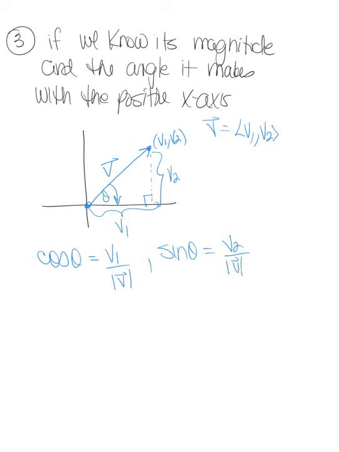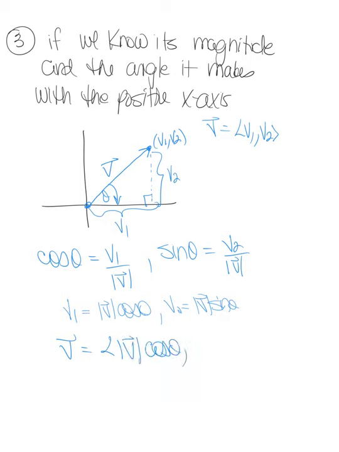Then solving these for v1 and v2, I get that v1 is equal to the magnitude of v times the cosine of theta, and v2 is equal to the magnitude of v times the sine of theta. And that gave us the ability then to write a vector as long as we know its magnitude and the angle that it makes with the positive x-axis.